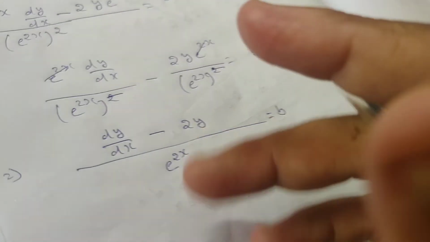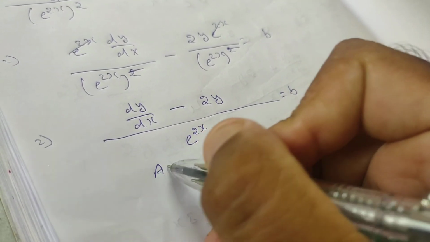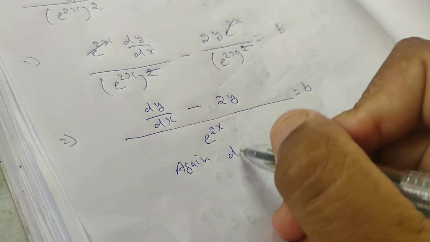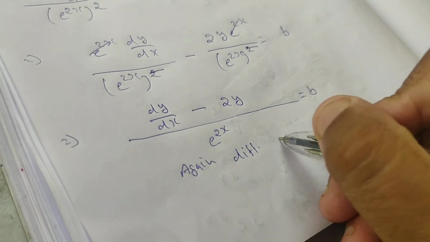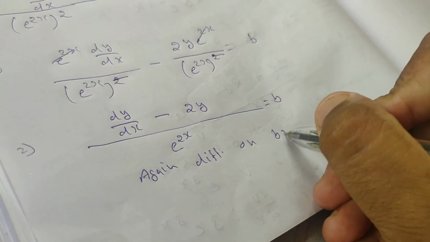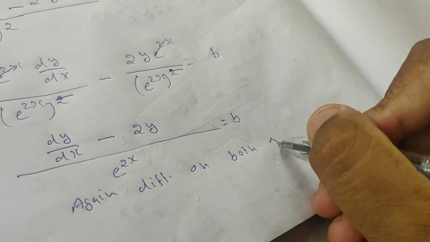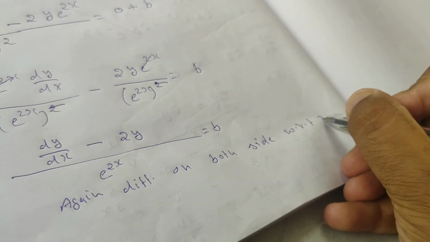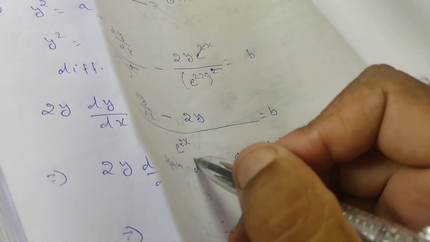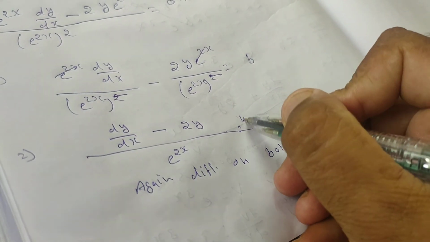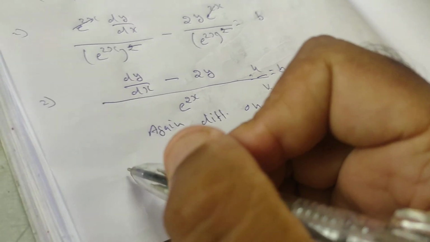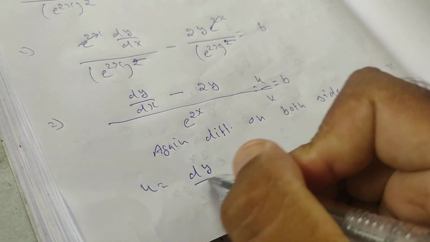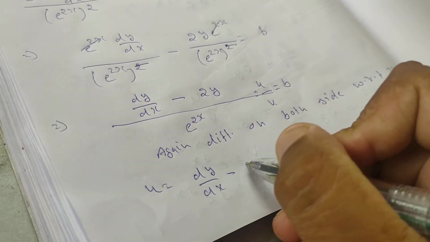Again differentiating on both sides with respect to x. Again, because we have two arbitrary constants, differentiate on both sides with respect to x. This will come as u by v. What is u? That is dy by dx minus 2y.